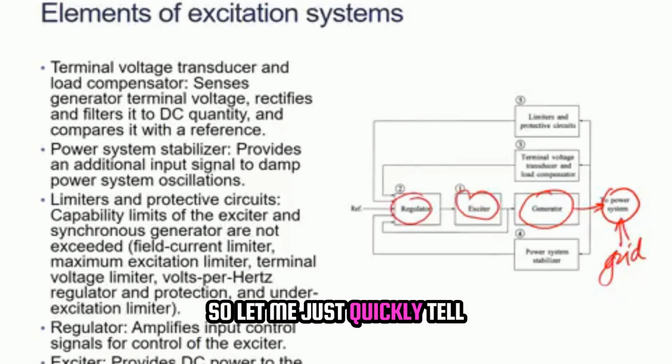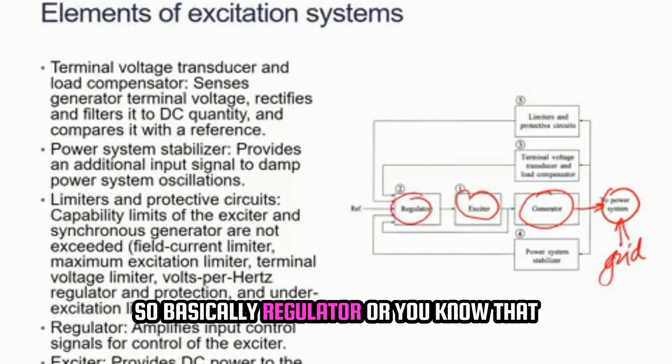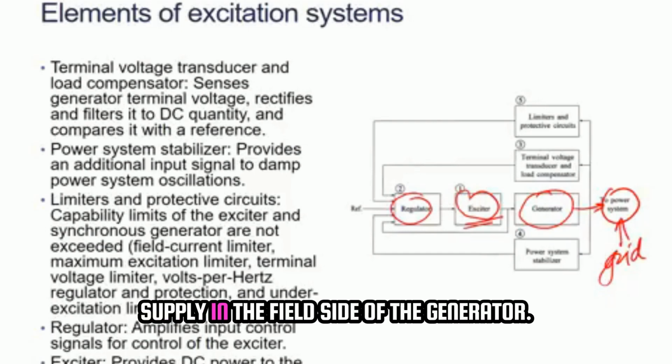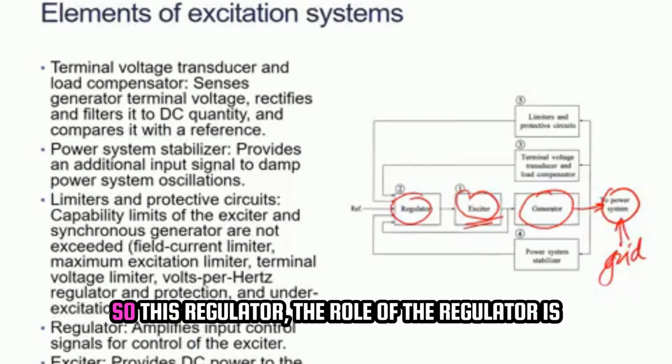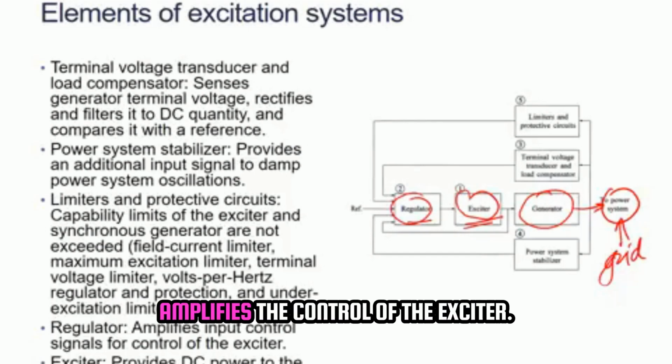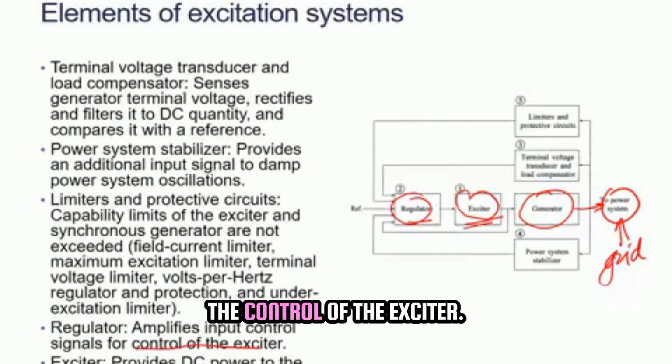Let me quickly tell you all the components here. For generators we generally give DC supply on the field side of the generator. The role of the regulator is to ensure that it amplifies the control of the exciter.